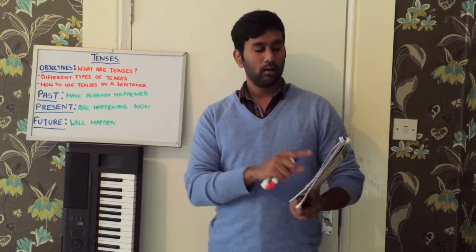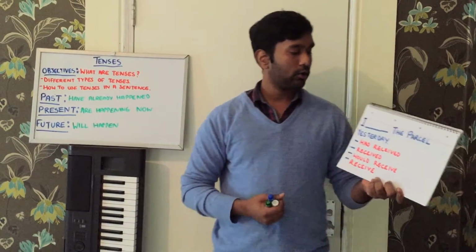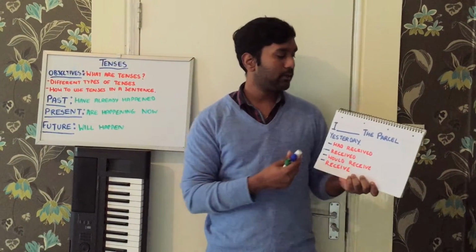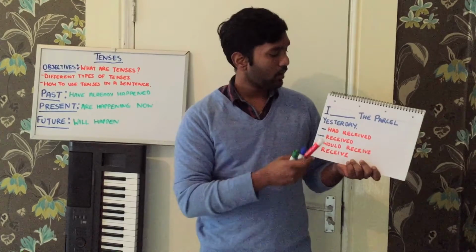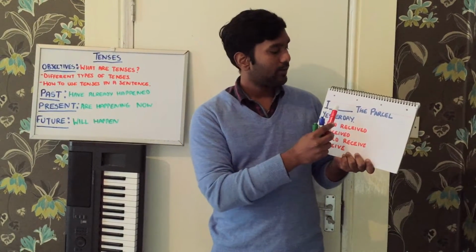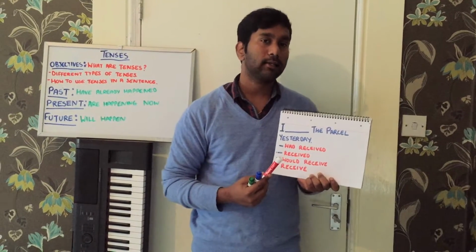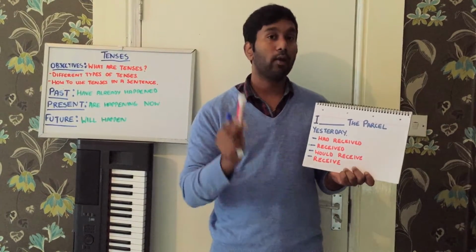Alright, now let's move on to a few basic worksheets about these tenses. Alright, so let me take the first example. I dash the parcel yesterday, and you need to fill in the blanks with the right option.